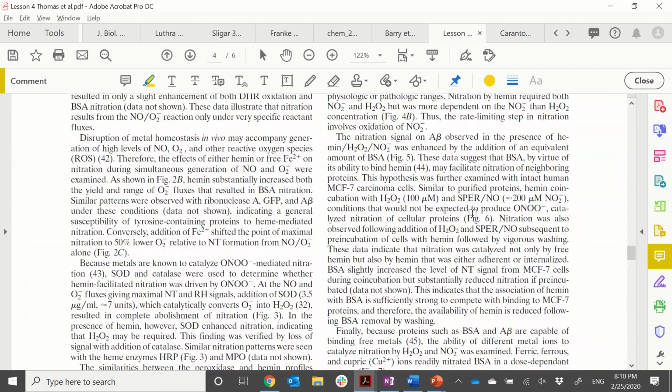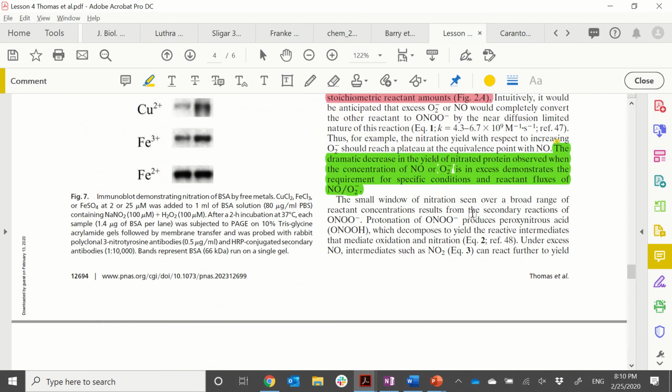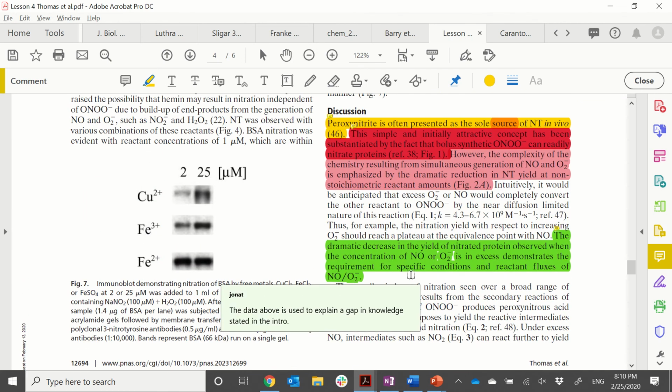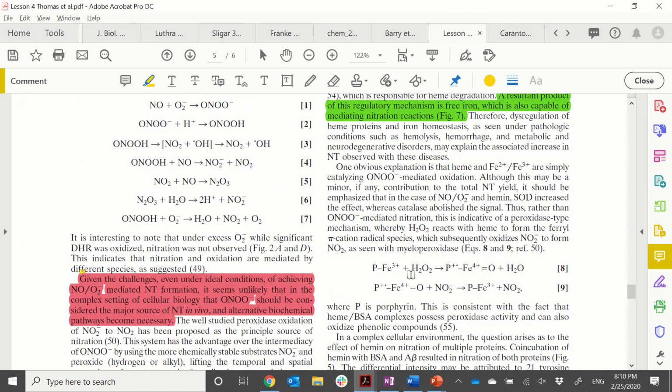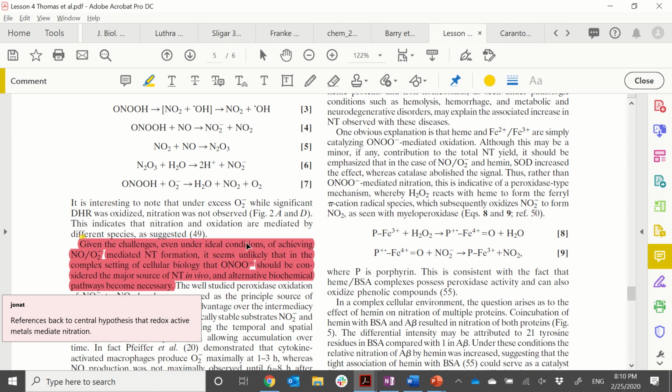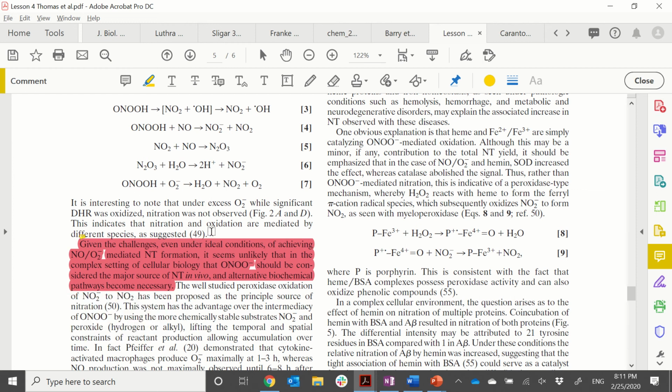So in the discussion from this paragraph we just analyzed, the authors continue to talk about their data, largely which is looking at testing the hypothesis of how metals may be involved in nitrating tyrosine residues.